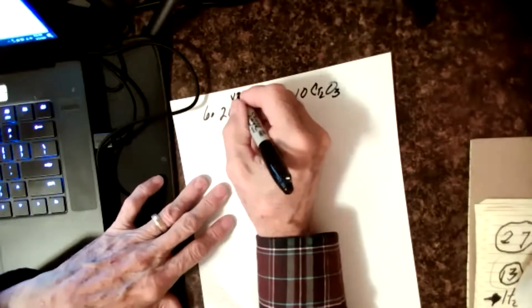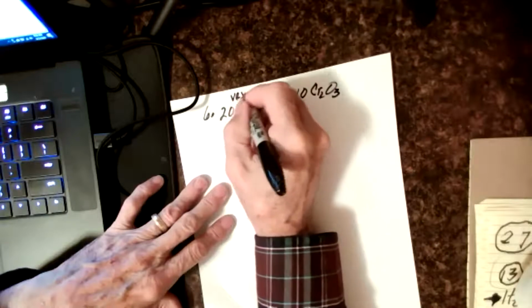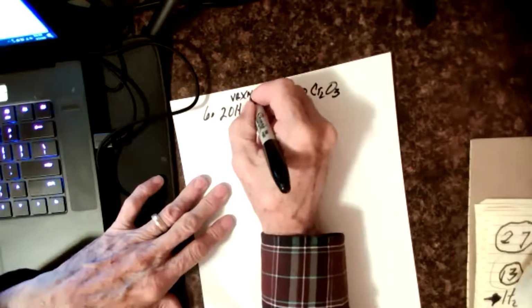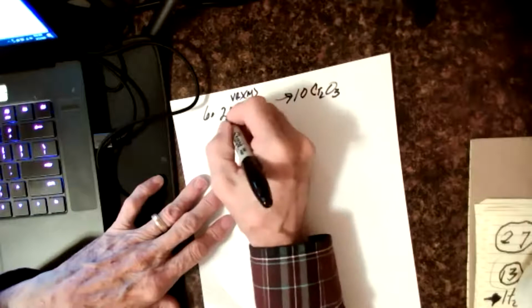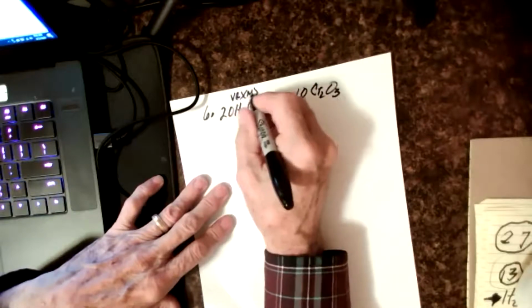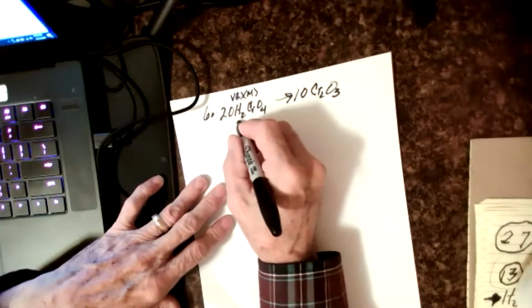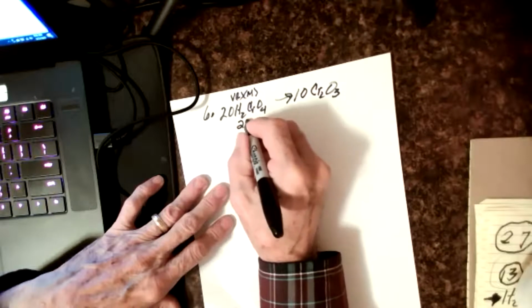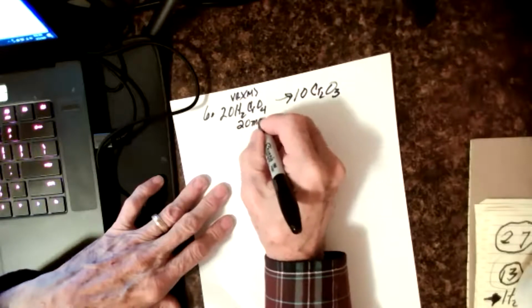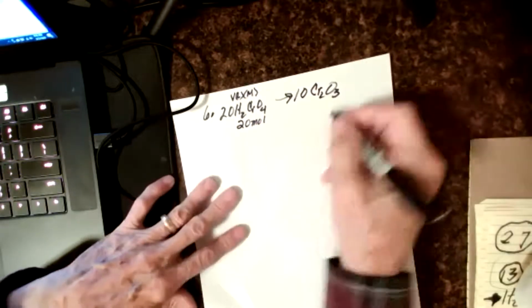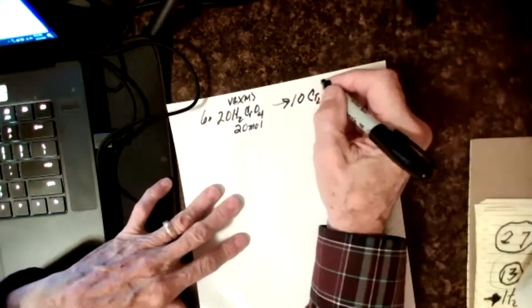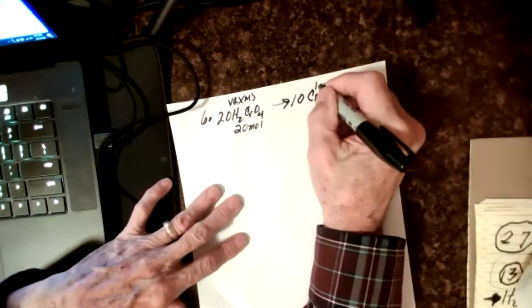If I take the volume in liters times the molarity, moles per liter, that's going to be moles, and this will be 20 moles down here. Now the amount of the chromium 3 oxide I want is 1.5 grams.